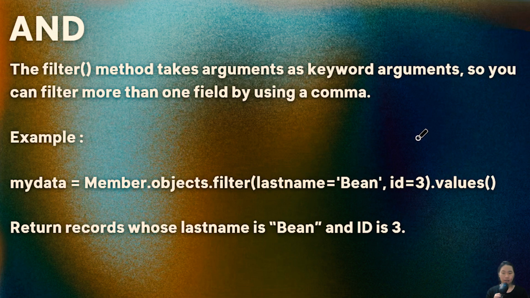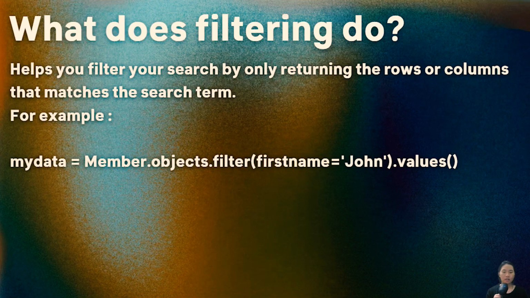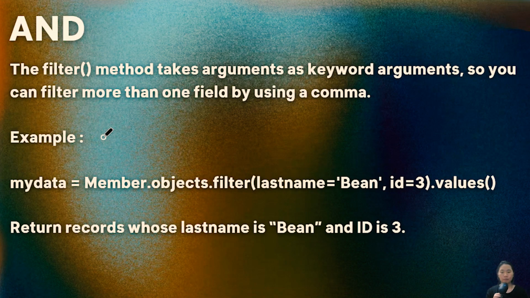All right, and the filter method takes arguments as keyword arguments, so you can have more than one condition for the filtering. For example, we're working with the same thing, okay? We're just working with this line right here in views.py, and we're changing it to filter last name Bean, ID 3, and then values.